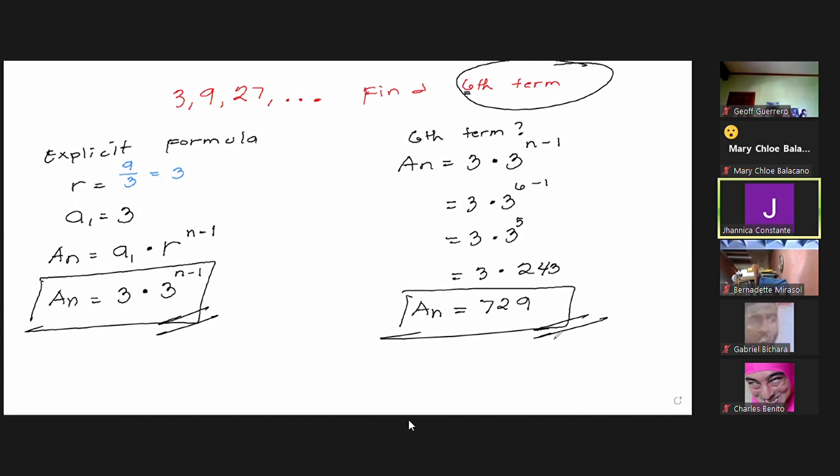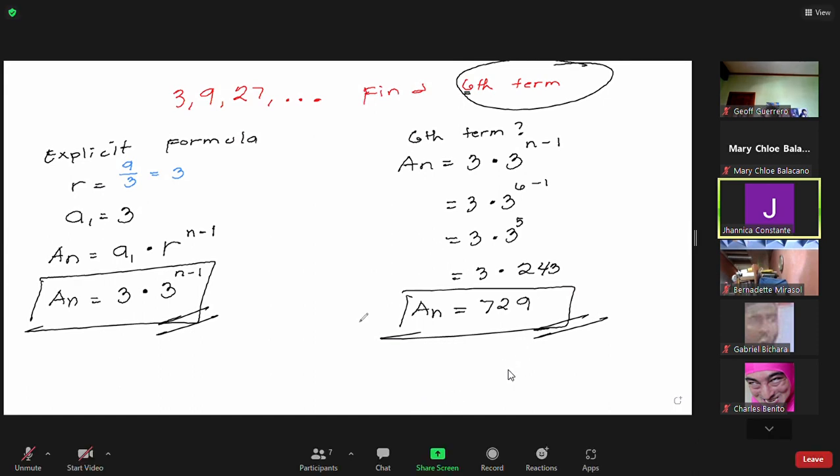Okay? Mas madaling magsulat ng explicit formula at recursive formula than finding the specific term. Right? You just need to change the value of the common ratio and the value of the first term in writing the recursive formula and the explicit formula of our sequence. Okay, let's have another example in writing the explicit formula of our sequence.